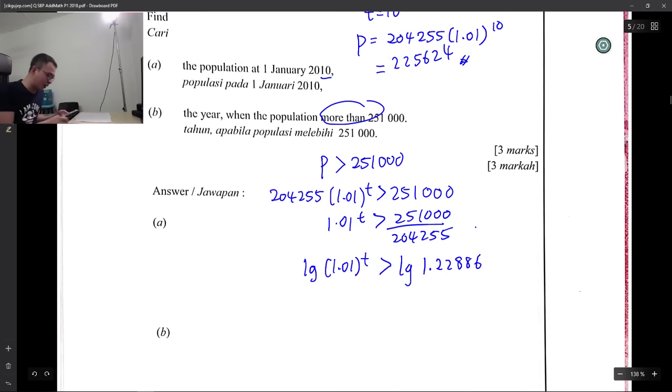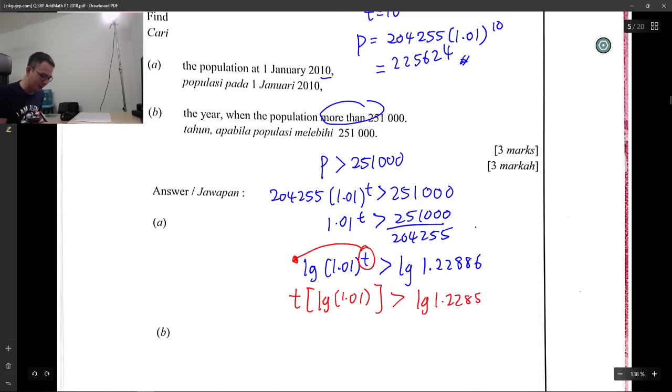Then log tells you that the t value you can move to the other side, right? So it's t times log 1.01, bigger than 1.22886. So therefore t will be bigger than log 1.22886 over log 1.01.